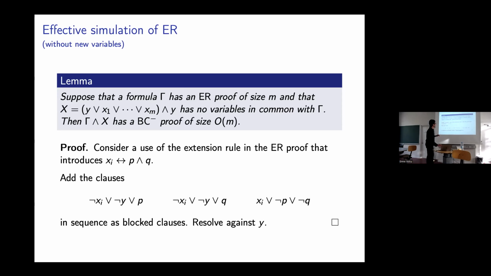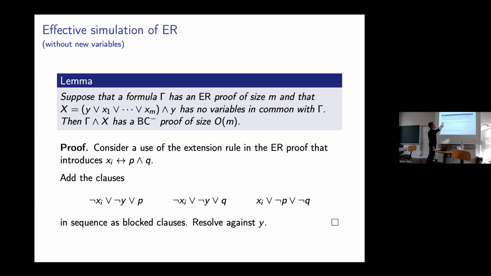And if you're familiar with effective simulations, you might say, this is actually not how it's defined. You need that translation to be polynomial time as well. That is true. I mean, nobody asked, but this actually does make that. You could say, I'm giving you all the extension clauses, not just the variables, and then resolution in this sense effectively simulates external resolution. But here we use this notion.